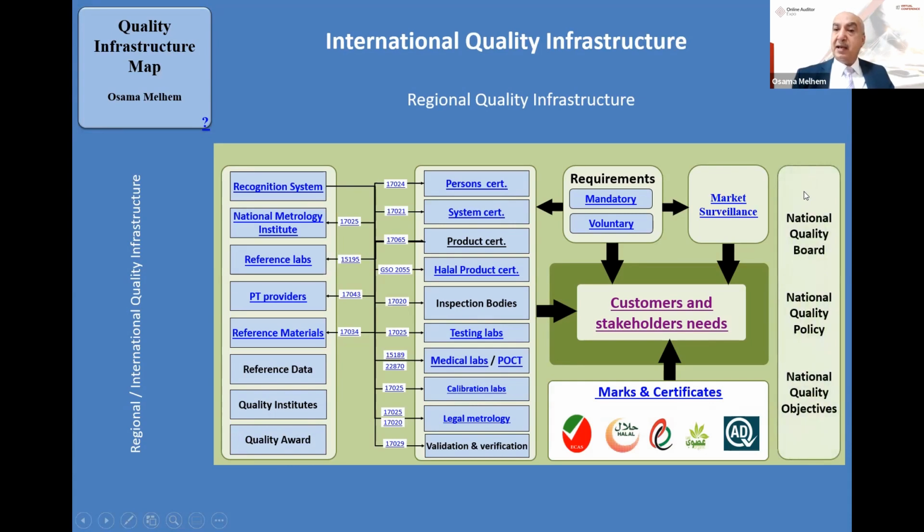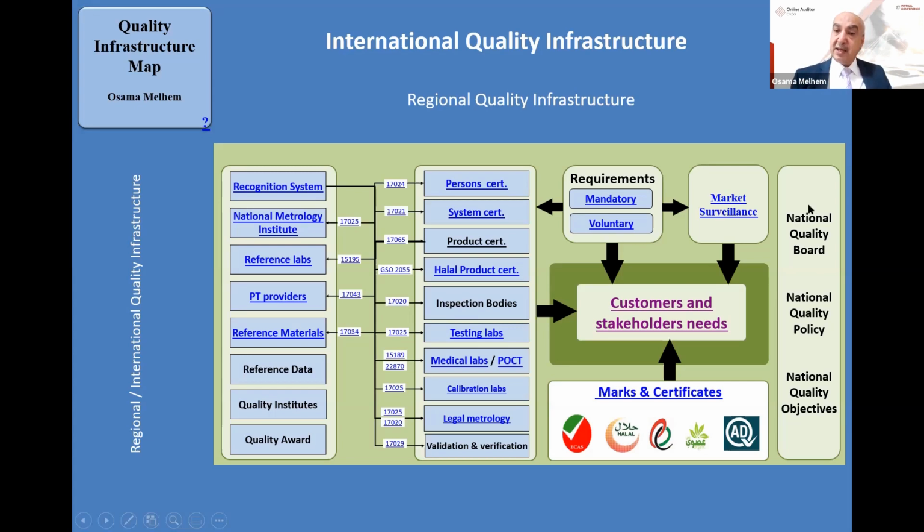Now, at the higher level in the society, in the country, we need also a national quality board. National quality board is a balanced board between the private and the public sector, representing the industry, representing the Chamber of Commerce, representing research and development institutes, who are reflecting the national needs for the quality.